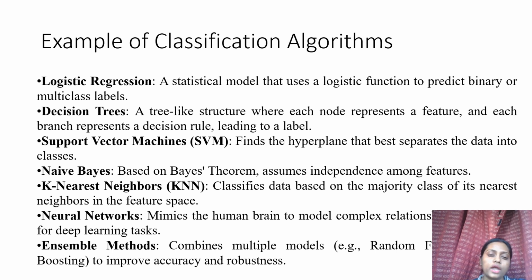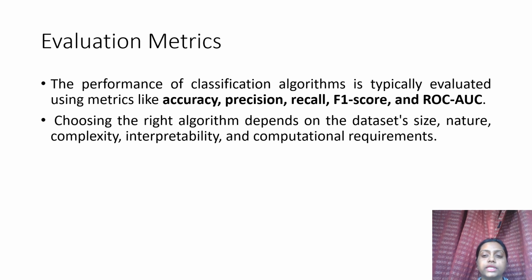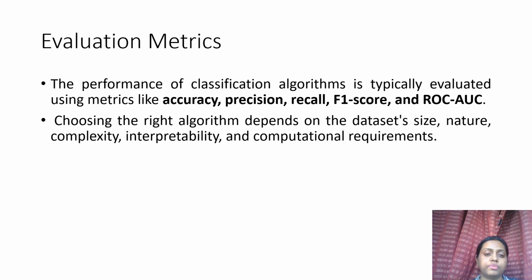As we are going to discuss only naive-Bayes, it is a very basic algorithm which is based on the Bayes theorem. Now, how is a classification algorithm evaluated? The performance of a classification algorithm is typically evaluated using metrics like accuracy, precision, recall, F1 score, and ROC and AUC.